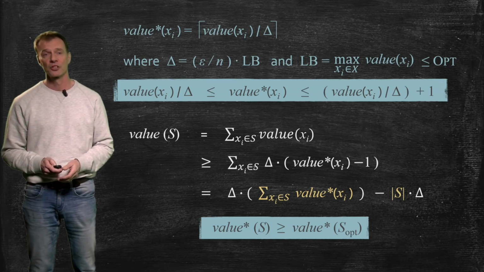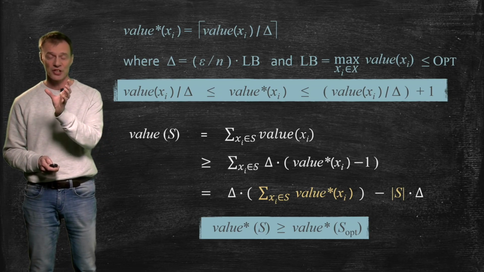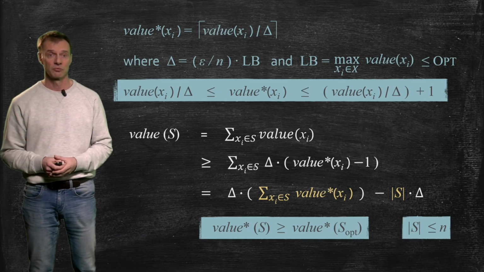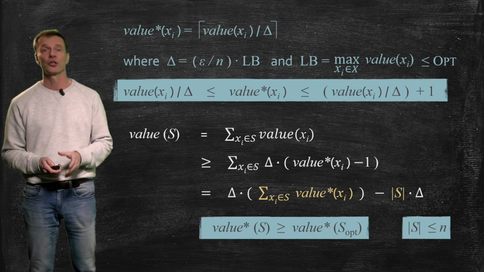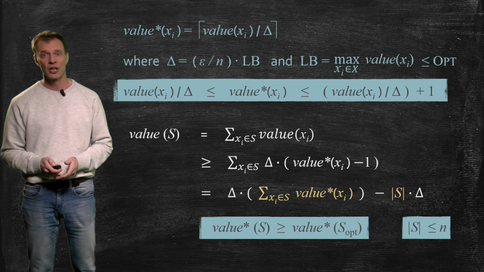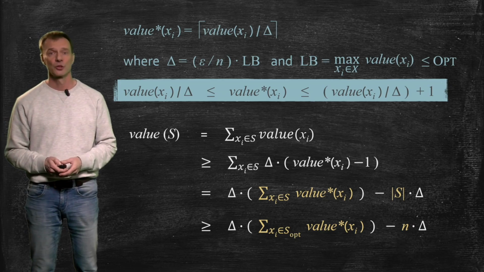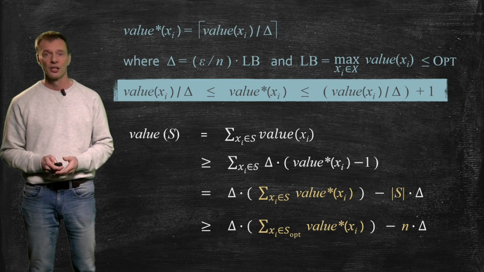For the second part, I can replace the size of S, the number of items in my solution. Obviously, that's at most n, right? We can at most put all items in the solution. So the size of S is at most n. Now if I use these two inequalities, I can rewrite the formula, and this is what I get. Let's massage this a little bit more.